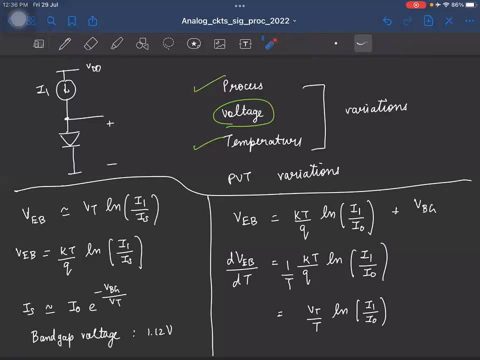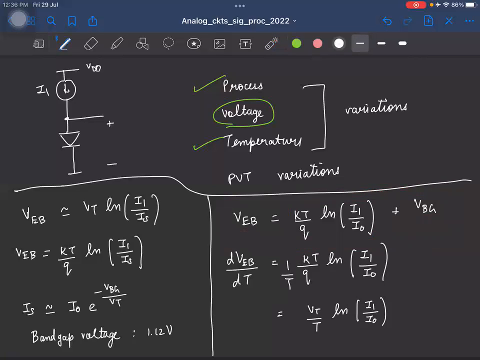So from this, can you tell me what Vt ln I1 by I0 is? From this equation, which I am kind of highlighting here, can you tell me what is Vt ln I1 by I0? It's basically VEB minus VBG, right?